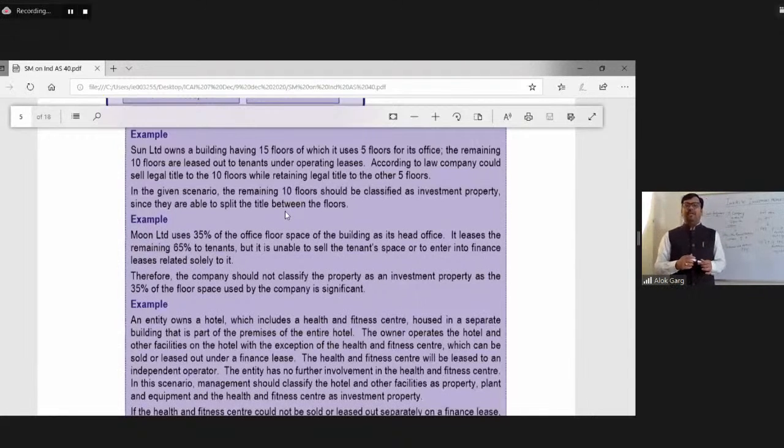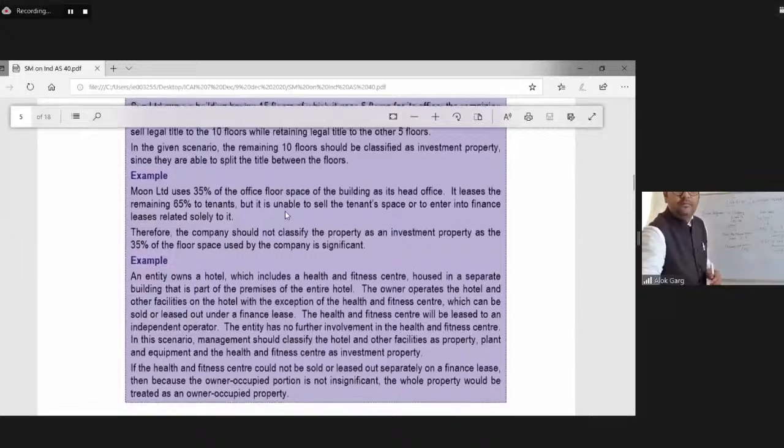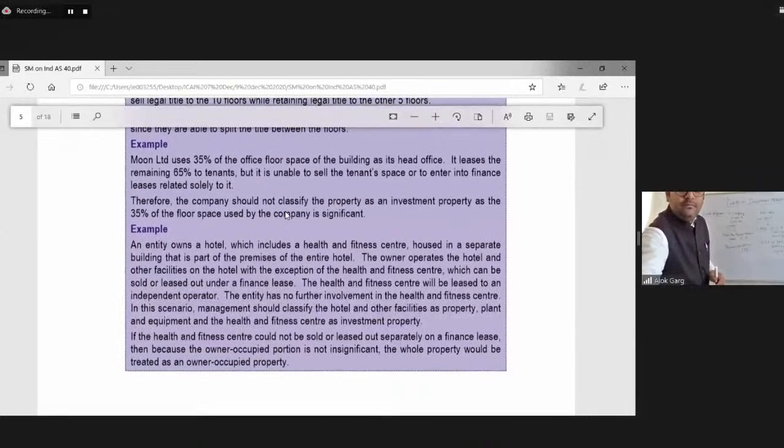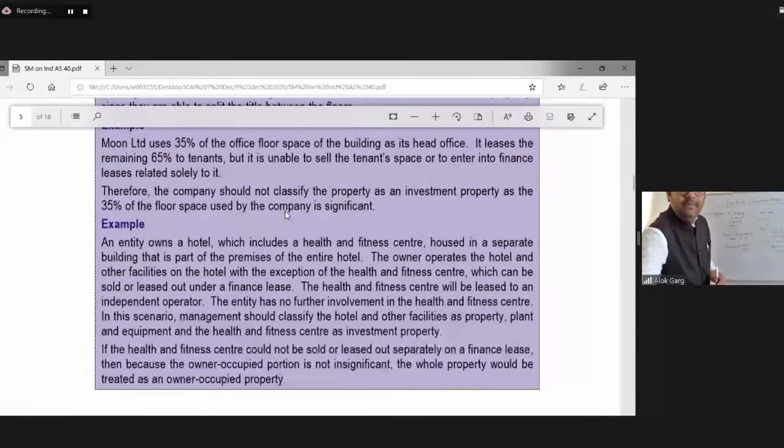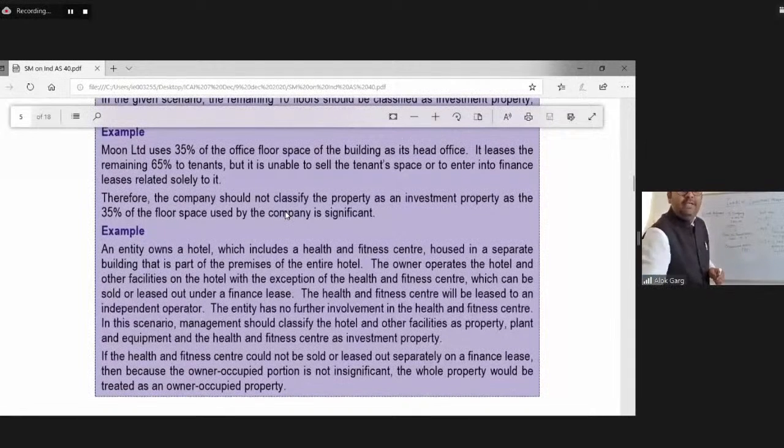So we are clear with the first example of Sun Limited. The second example is for Moon Limited. Moon Limited uses 35% of the office floor space of the building as its head office. So 35% is used for business purposes.